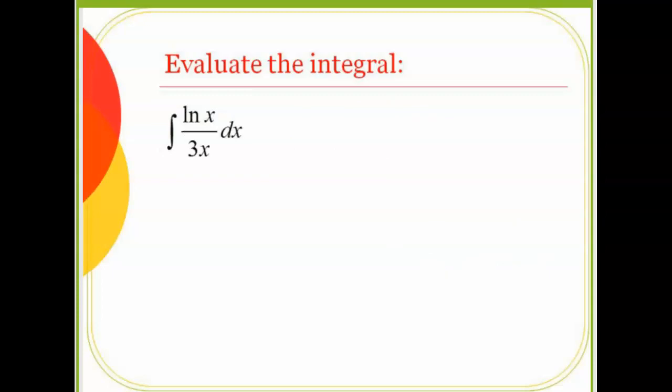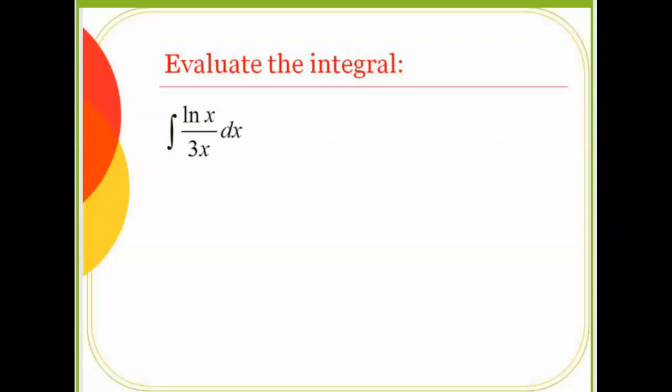The process for natural log isn't much different. Whatever's inside your ln is your u. So, including, however, your ln, because we have that x in our denominator.